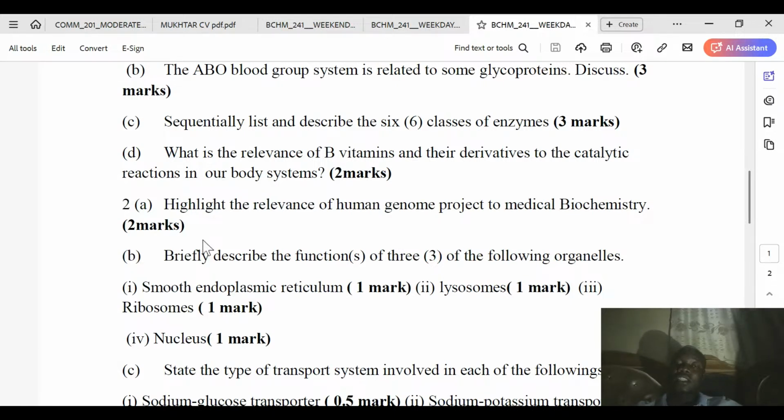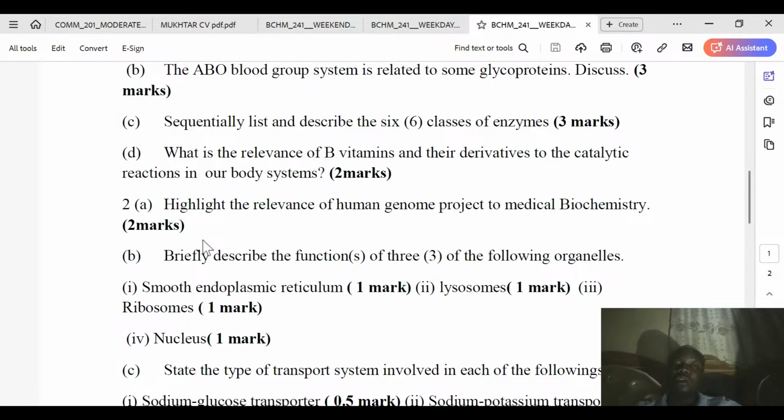What I said is that B vitamins are a group of molecules that are called coenzymes. These coenzymes are molecules required by the enzymes for them to work. In the absence of B vitamins, some of the enzymes are going to remain inactive, so they are not going to carry out enzymatic activity or catalyze any reactions.